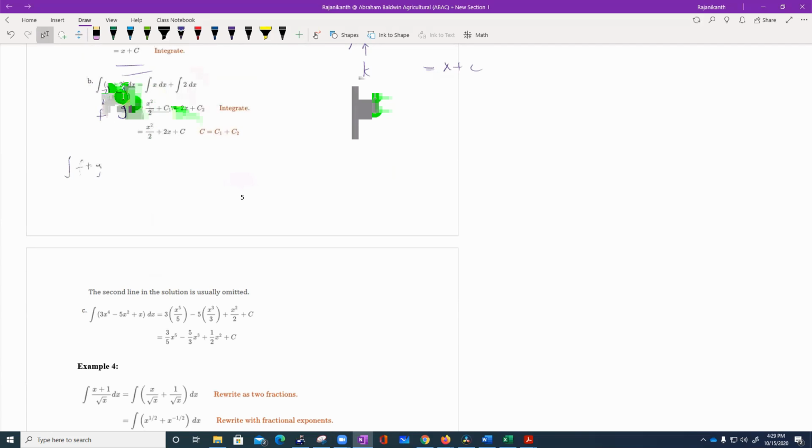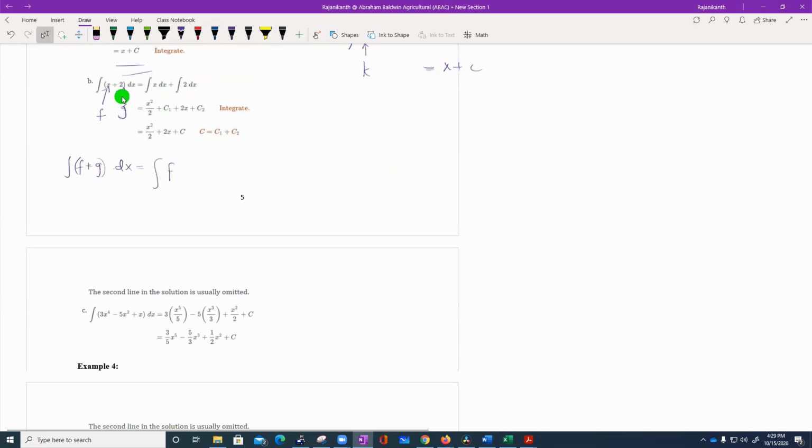The integral of f plus g dx is simply the integral of f dx plus the integral of g dx. I have to tell you one thing: whenever you write this symbol for integration, you always have to write this differential operator, okay? Otherwise, it doesn't make any sense. So make sure that you put that.